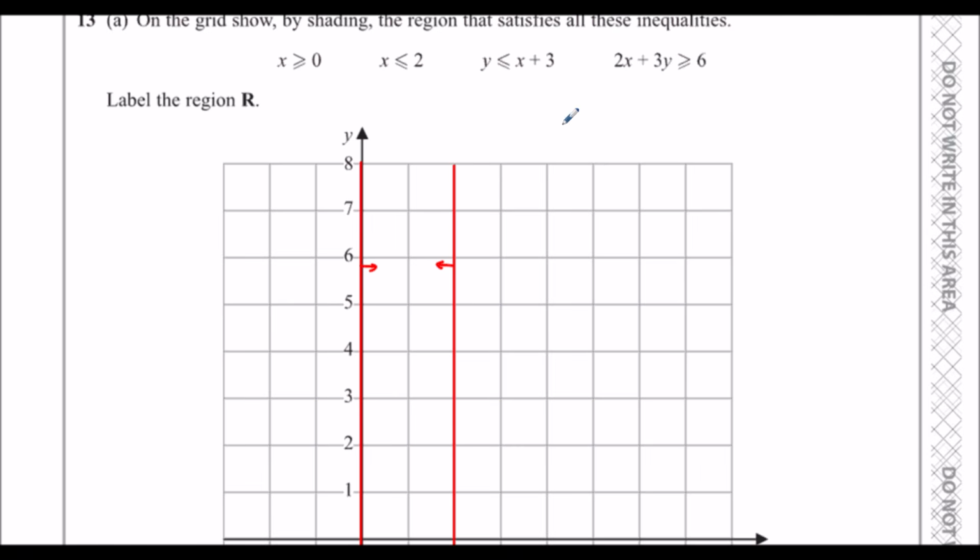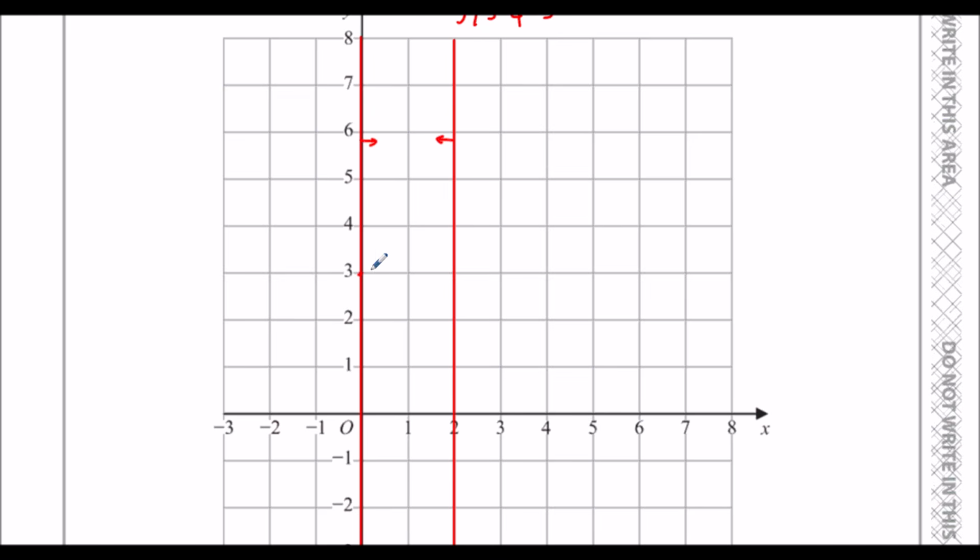So let's draw y equals x plus 3. Let's get a few coordinates. When x is 0, y is 0 plus 3. When x is 1, 1 plus 3 is 4. When x is 2, 2 plus 3 is 5. So 0, 3, 1, 4, 2, 5.